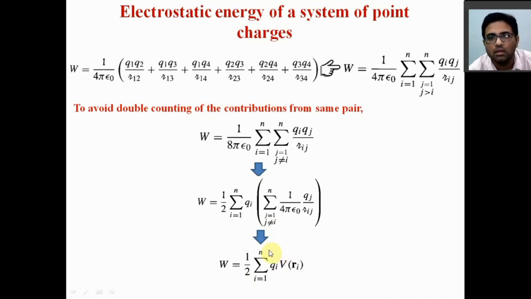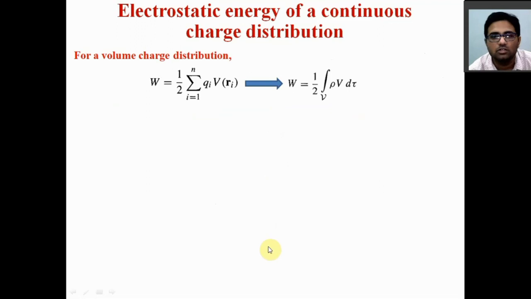Now let's discuss electrostatic energy for continuous charge distribution. For volume charge distribution, the work done from this discrete form can be written like this. Here rho is the volume charge density.